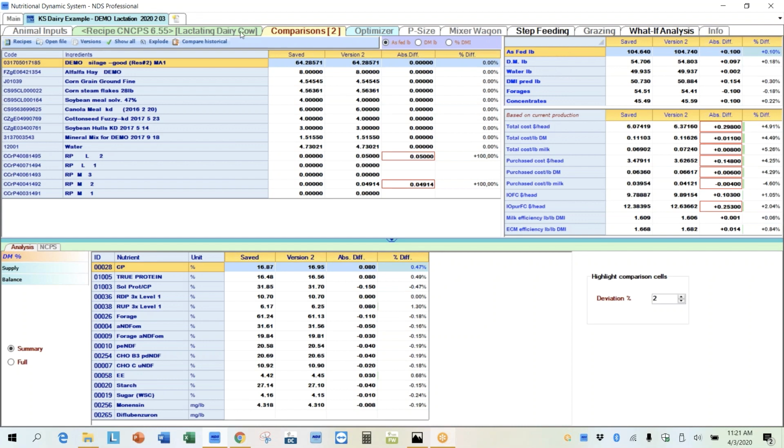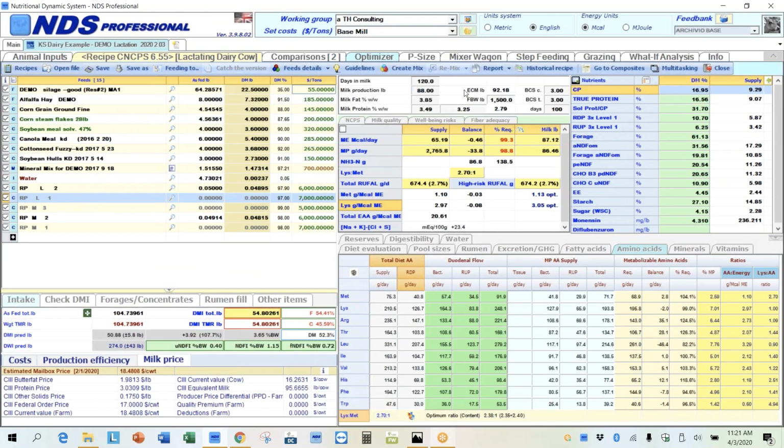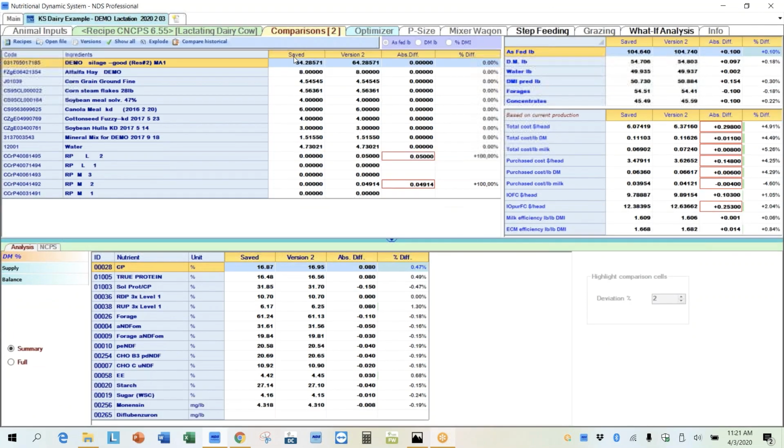I'll go back real quick on that and show you that if I would have put in my milk response, it probably changed in here, but what I'm using is this base amount, and my expectations are driven off of what I know, that if I hit methionine and lysine closer to here, I should get a response of some amount. And then that gets back to the user. What's your experience? What do you see? What have you seen in the past? So with me, I feel okay about that.